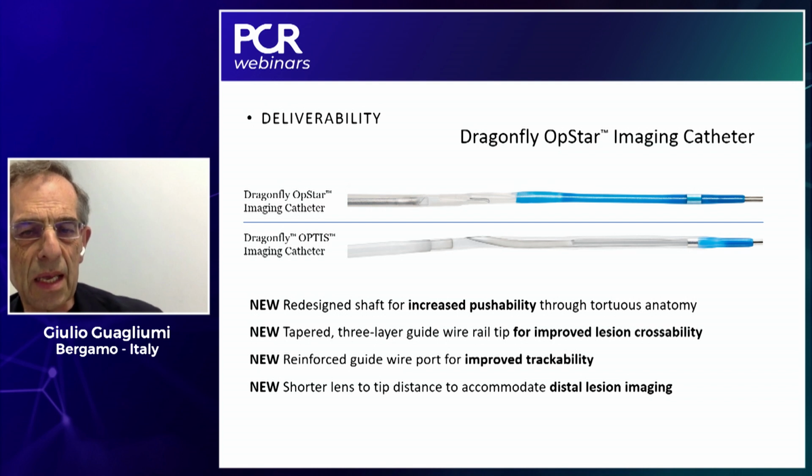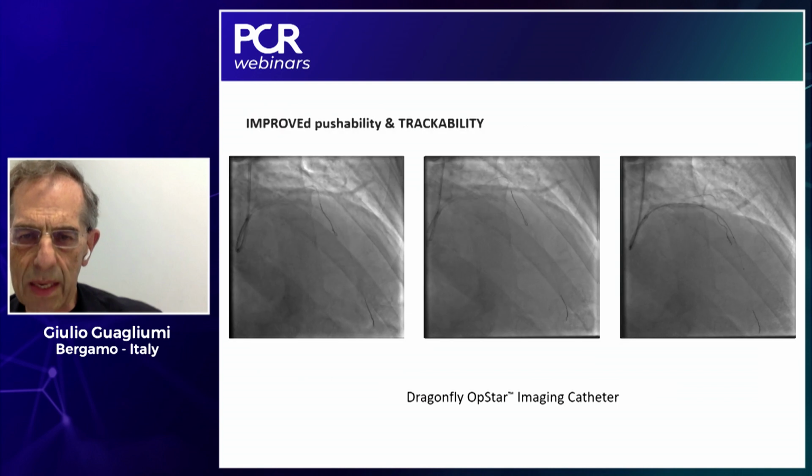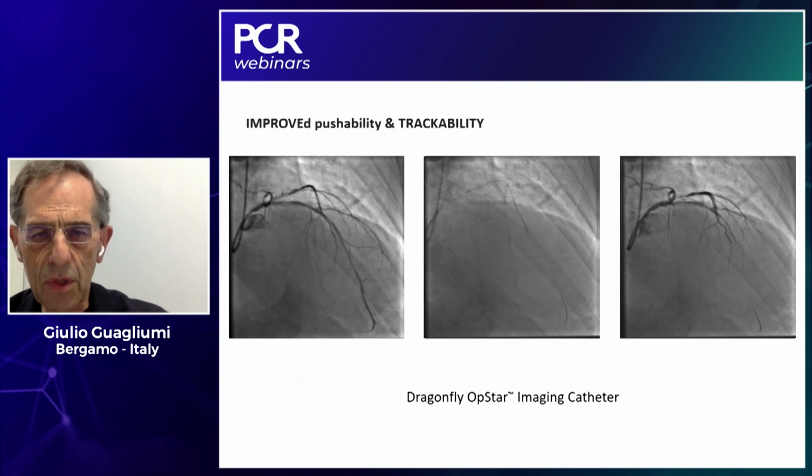It has a reinforced guide wire port for improved trackability. And finally, the new catheter also has a shorter lens to taper distance, so you can try to get more distally to have better visibility of the lesion.